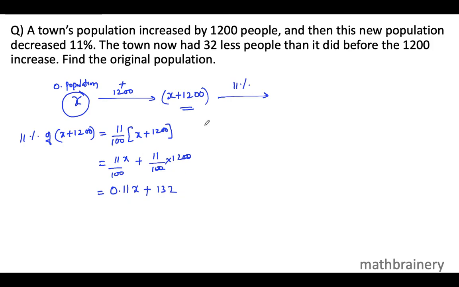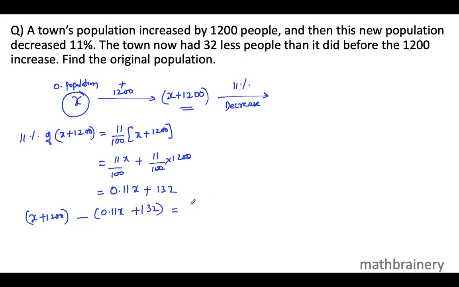Now, what is given? This new population had decreased by 11%. So, there is an 11% decrease in this. What do we mean by decrease? It is less than this. So, we need to do x plus 1200 minus this 0.11x plus 132, and that is the new population now.